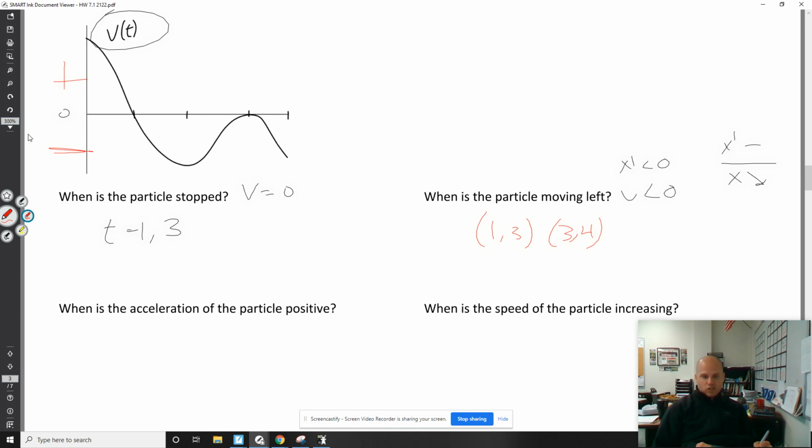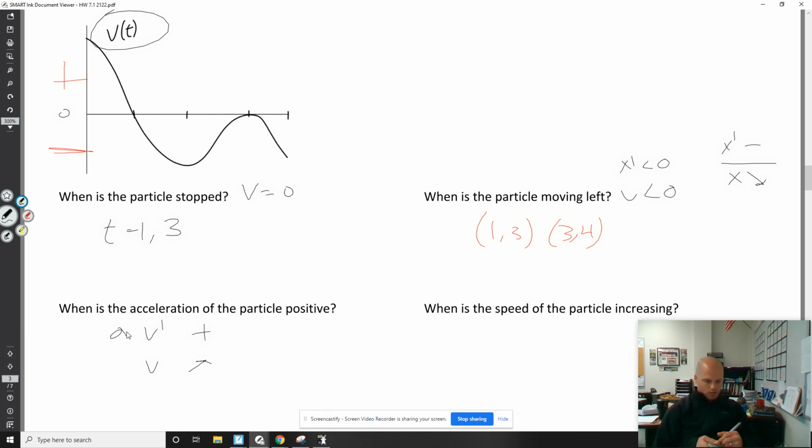What is the acceleration? Positive. You can immediately say, oh, acceleration is the slopes of velocity. You can look at the slopes of velocity when it's positive. Or you could say slopes of velocity are positive when my velocity is increasing.